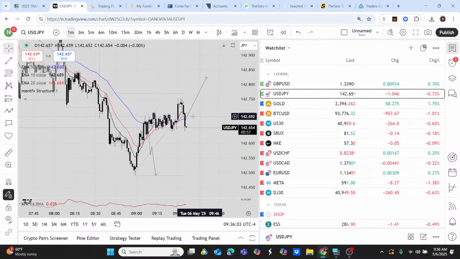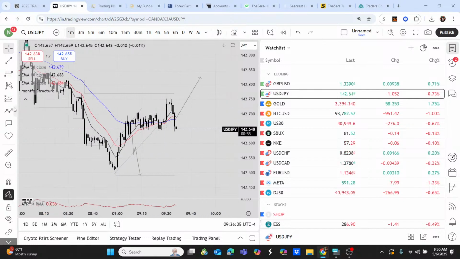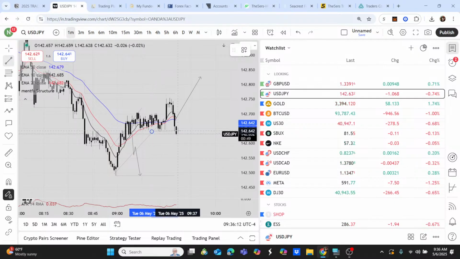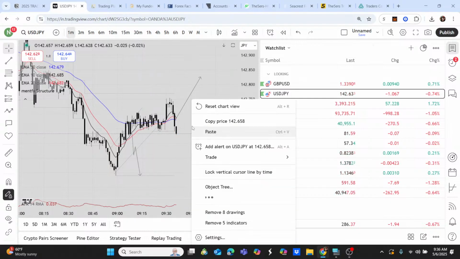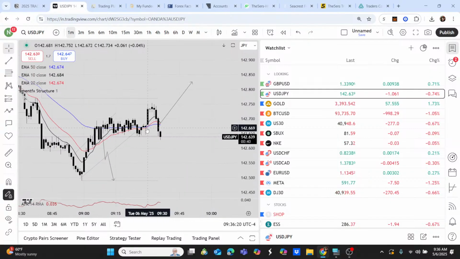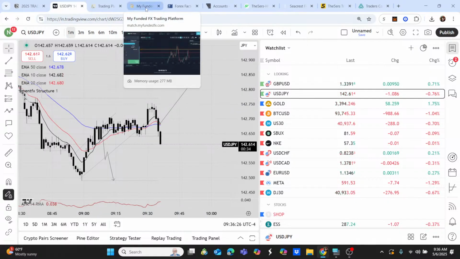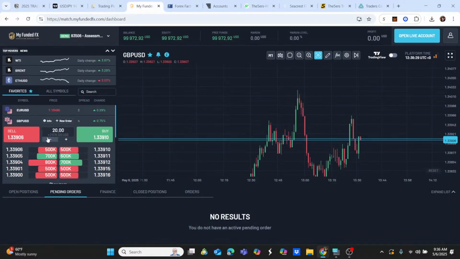Looks like we could potentially set up something. I'll probably want a clear break from this low right here, just because price has been consolidated in this area. So I don't want to get chopped out right here before the move. If we can break here, then make the setup, I'll definitely look for an entry, which I should have done.